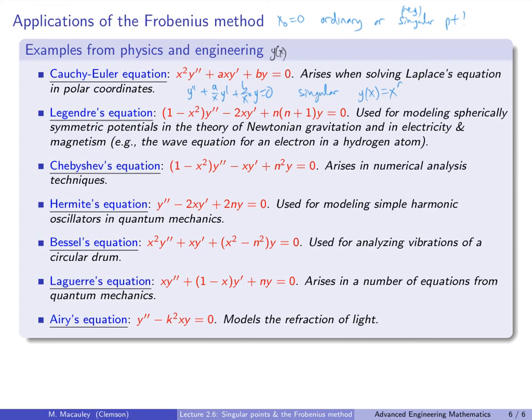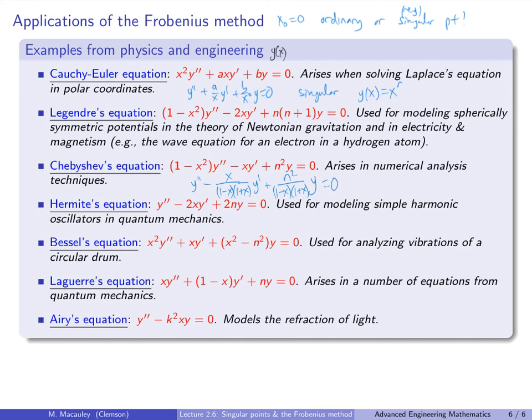What about Legendre's equation? Let me do Chebyshev's equation first, since it's a little shorter. Let's divide through by 1 minus x squared, and we get y double prime minus x over (1 minus x)(1 plus x) times y prime plus n squared over (1 minus x)(1 plus x) times y equals 0.